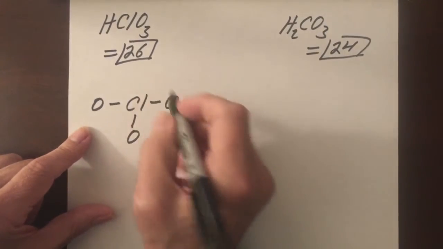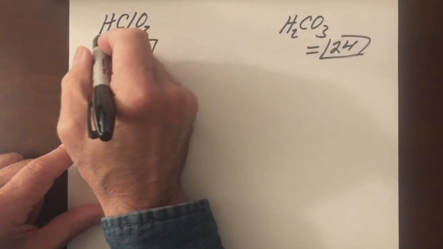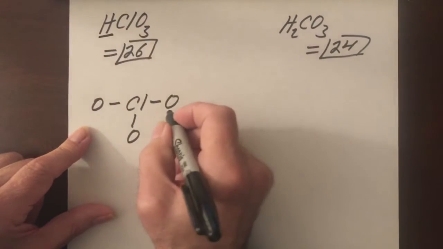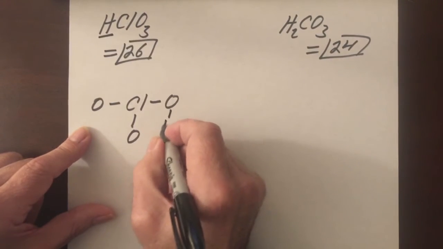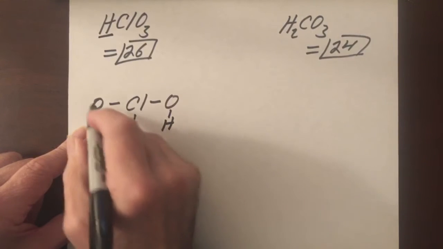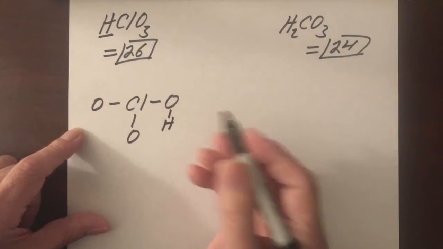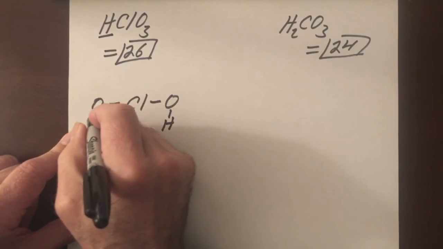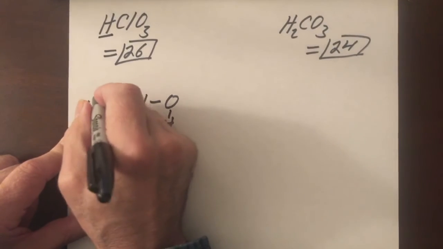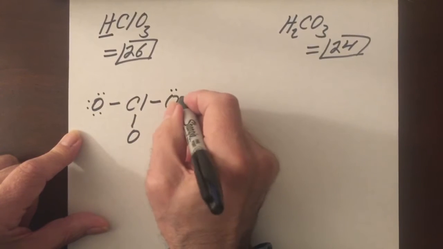Okay, so now, because it's an oxyacid, the hydrogen will be bonded to one of the oxygens. Again, it doesn't matter which one I choose or how I draw it. I could have drawn this hydrogen over here. Doesn't matter. And then complete the octet on the oxygens.